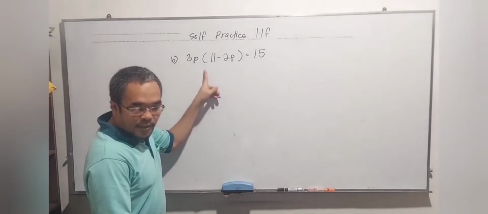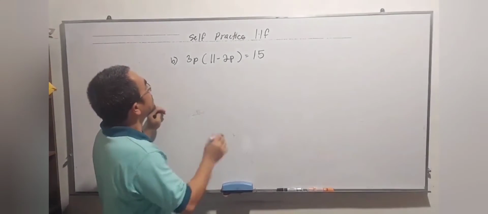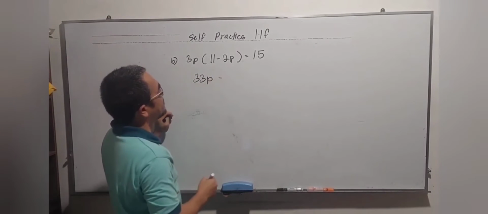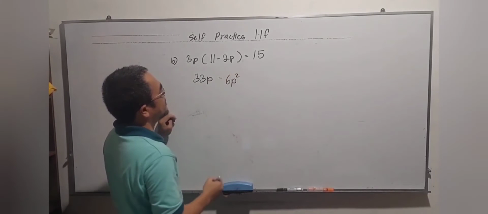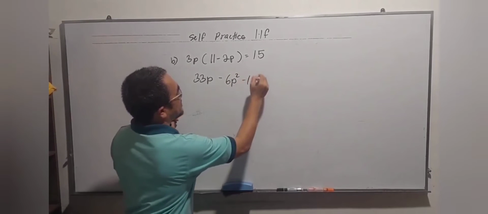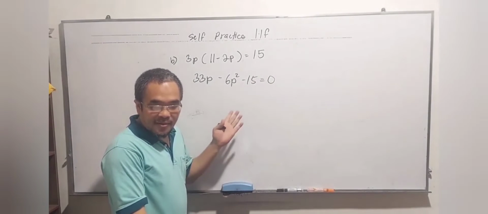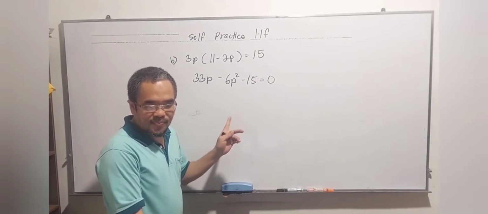Okay, you expand the bracket. What did you get? 33p minus 6p square. Minus 15. Did you press the calculator from here? Yes or no? Yes.